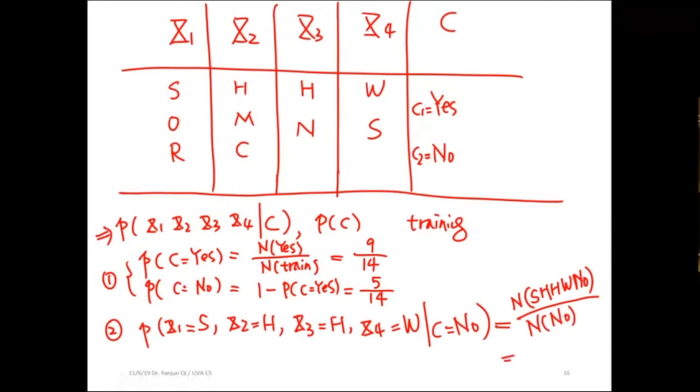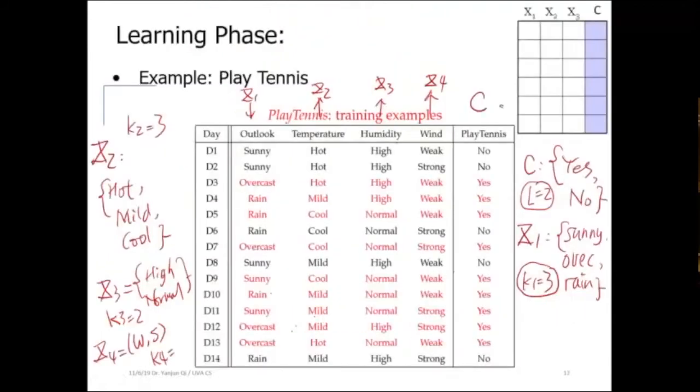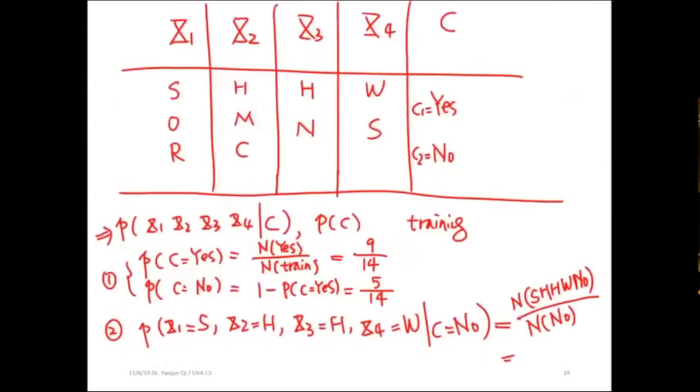I think it's 1 over 5, right? 1, 2. Yes, it's 1 over 5.